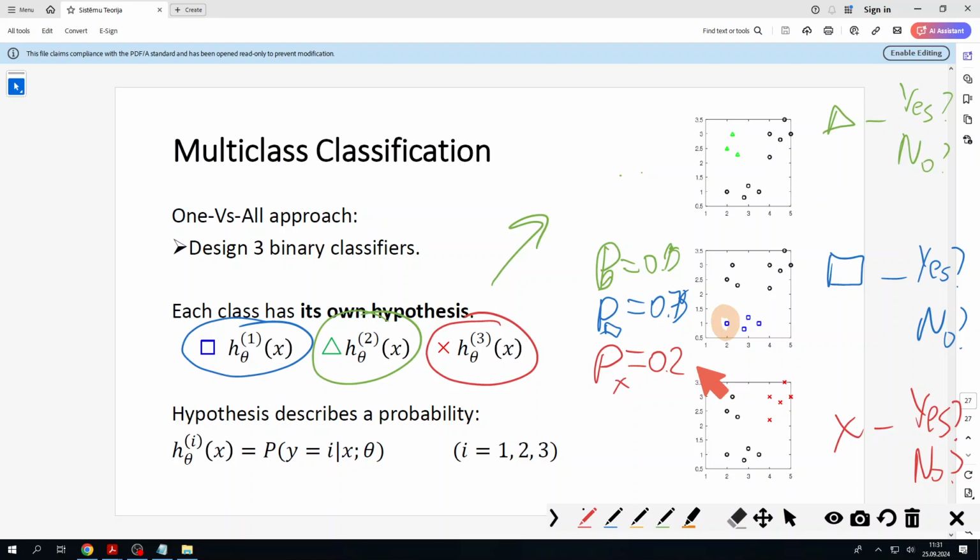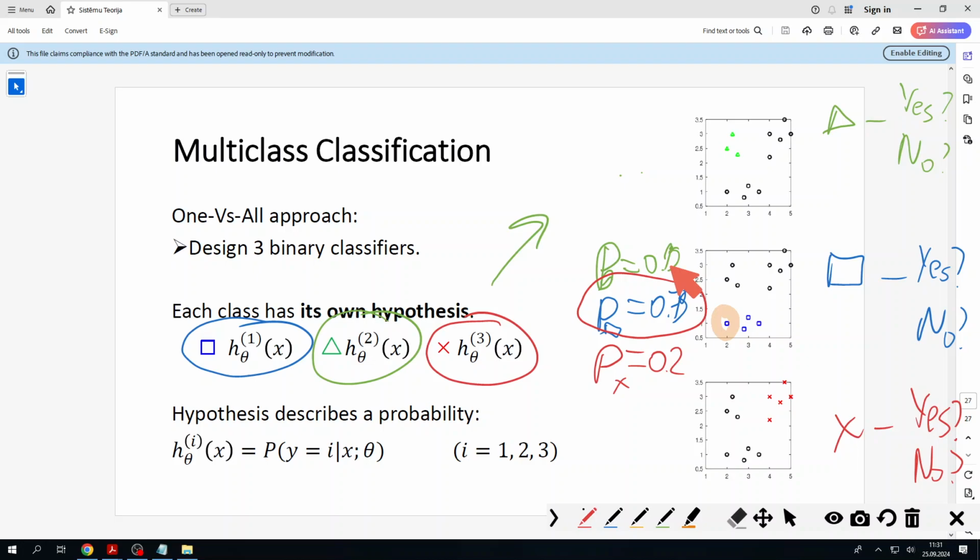So comparing all these 3 probabilities gives you a very obvious solution: the highest probability is the true one, and this way you know that this is a square, because the probability of square is the highest. It is really as simple as that. You can create 3 classifiers or 10 classifiers or 100 classifiers, whatever the number of your classes is, and each of these classifiers is going to be specialized on its own class.